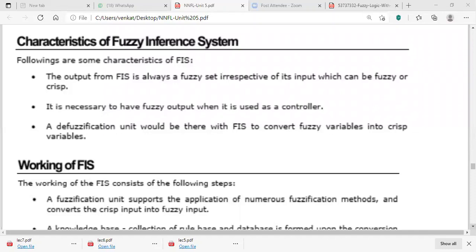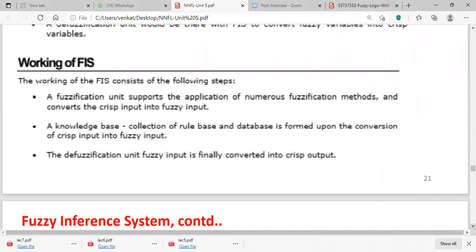So how does this FIS work? Okay, in the fuzzy inference system, you have the fuzzification unit, knowledge base, rule base, database, and defuzzification unit. First of all, the fuzzification unit supports numerous fuzzification methods to convert crisp input into fuzzy input.